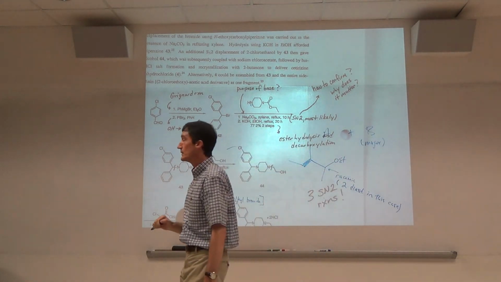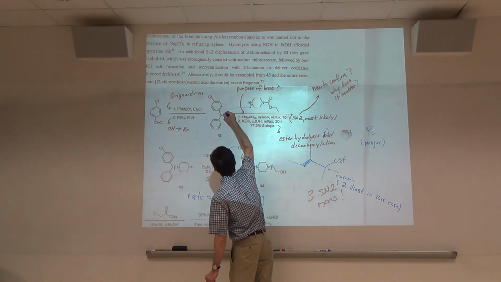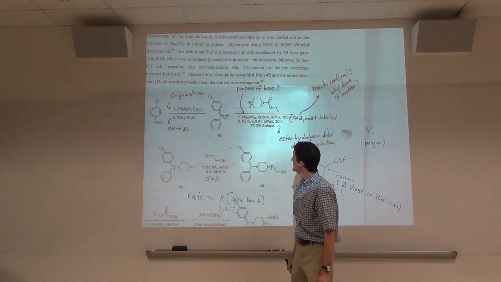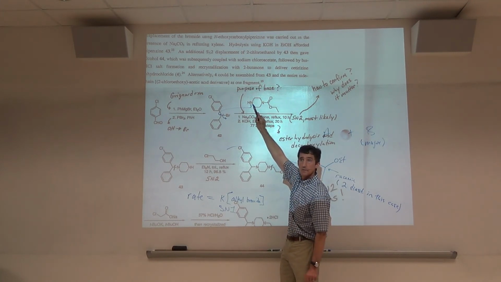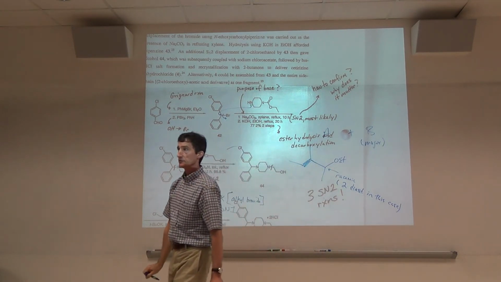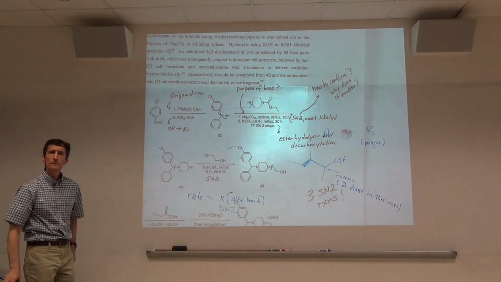If it's SN2, it would involve this attacking here and kicking that off. Is this a good enough nucleophile for SN2? Yeah, it's just an sp3 nitrogen. It's a good nucleophile.